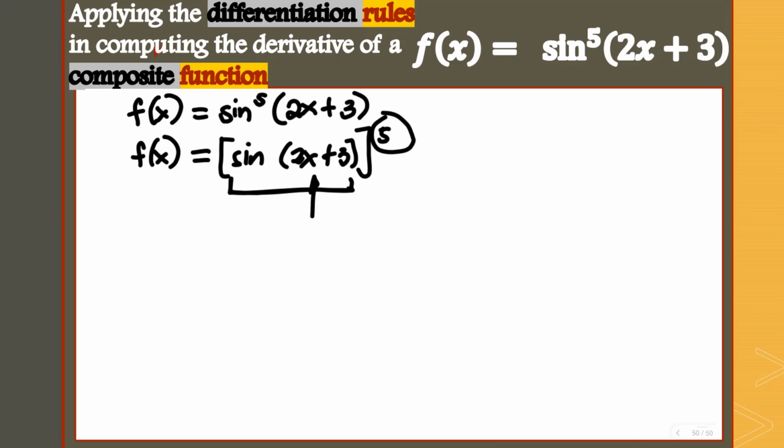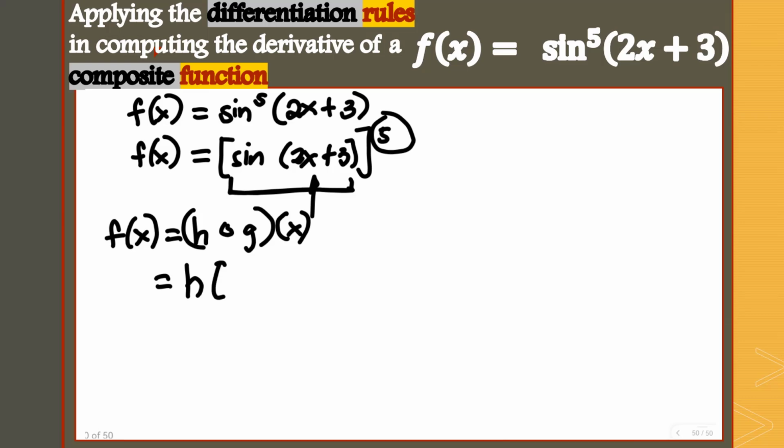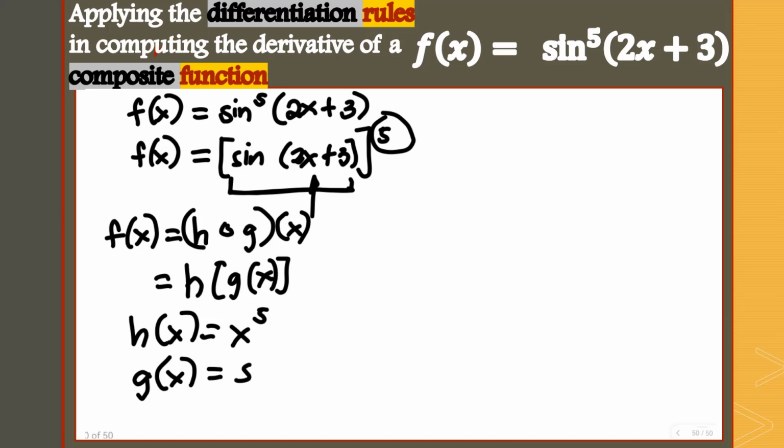This would mean if our f of x is expressed as h of g of x, we can say that h of x is x to the power of 5 and our g of x is just equal to the sine of 2x plus 3, as we can substitute that here to get this entire expression, and that is true.